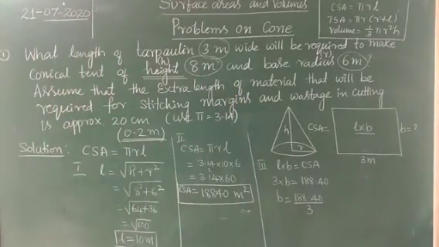Followed? Clear this? Here length and breadth of the rectangular cloth is equal to curved surface area of the conical tent. Now, on dividing this, what we are going to get?